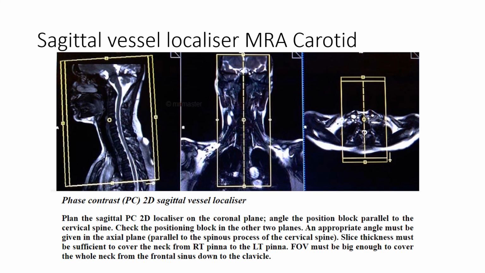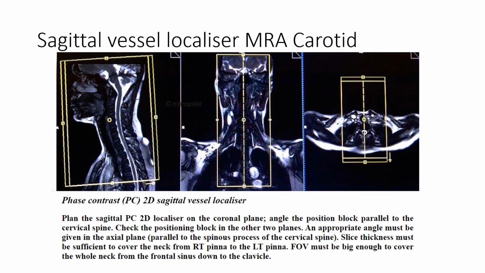We plan the sagittal PC 2D localizer on the coronal plane. Angle the position block parallel to the cervical spine. Check the positioning block in the other two planes. An appropriate angle must be given in the axial plane, parallel to the spinous process of the cervical spine.